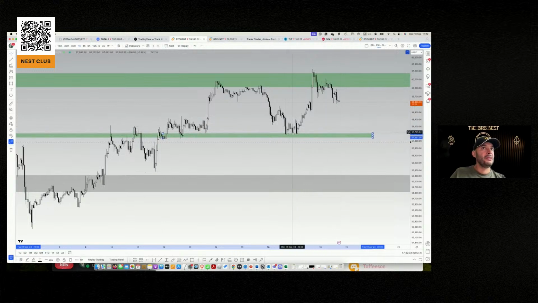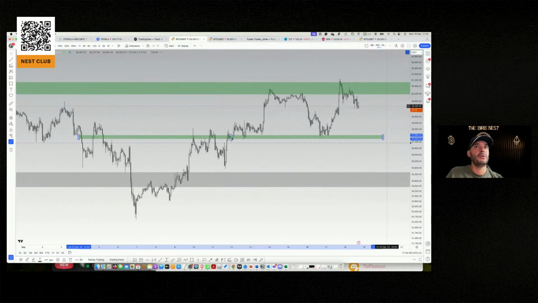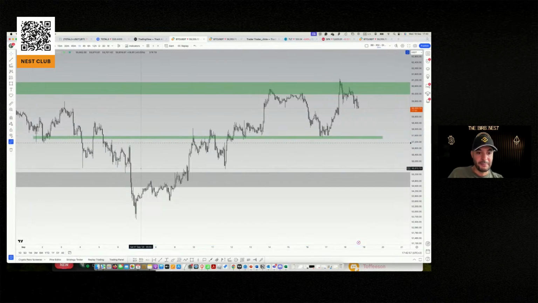Or even taking out this low here and making some kind of swing failure pattern here, I would be happy to look for longs, but only after the FOMC. I would let the market digest the information before I make any move. Otherwise, the market's going to digest me.